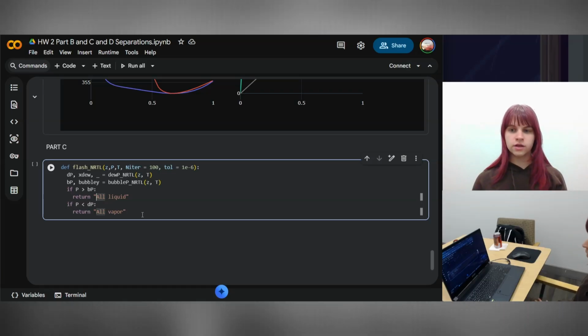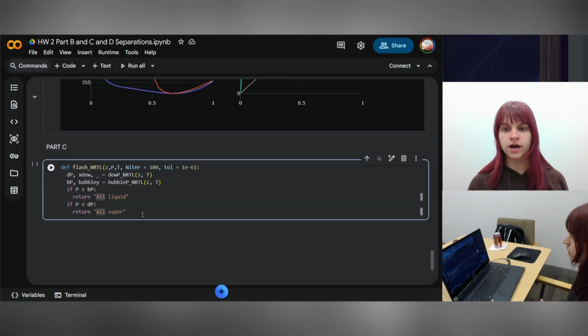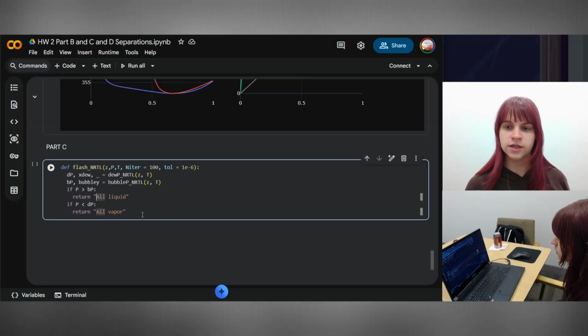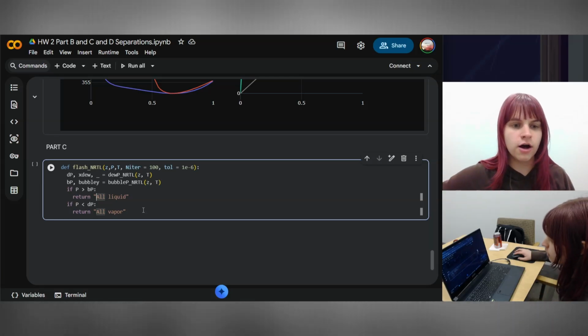And then to get our guess, we do linear interpolation between our bubble and dew points. So we kind of look at where our system pressure sits between the bubble and dew pressures and kind of guess phi based on those values. And then we use that phi to later scale and get a more accurate phi later on.